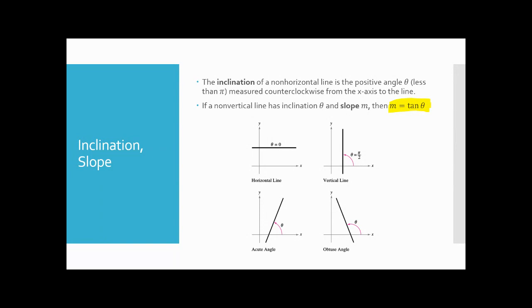So the key thing here is that slope is not the angle. A lot of people get confused, and I've seen people just automatically assume that slope is the angle. Slope is not the angle. Slope is the tangent of the angle. So that's a key difference there.